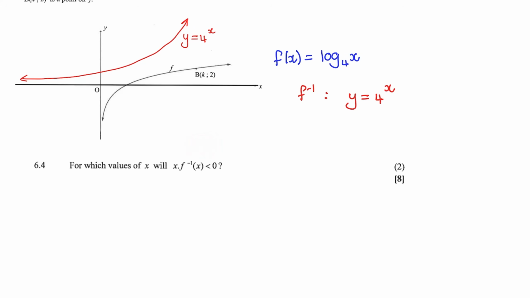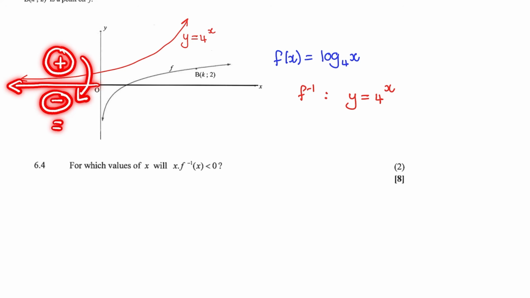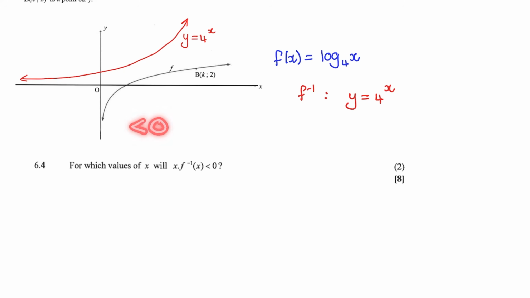Also, what I can see is that this function does exist where x is smaller than 0, or when x is negative. So in this area, we know that the x values are negative and the inverse function is positive. And a negative times a positive is equal to a negative value. And that means that value is smaller than 0.